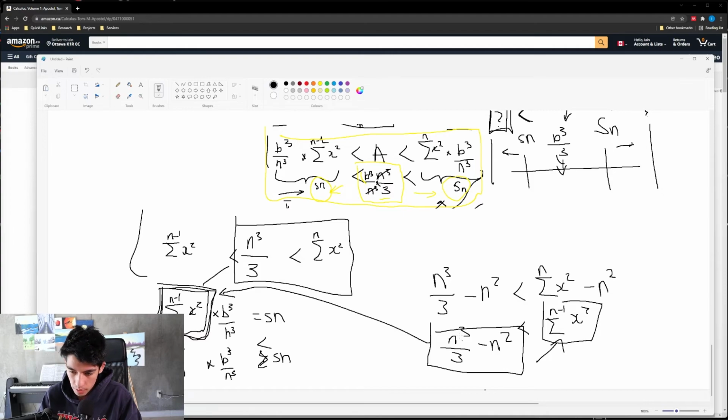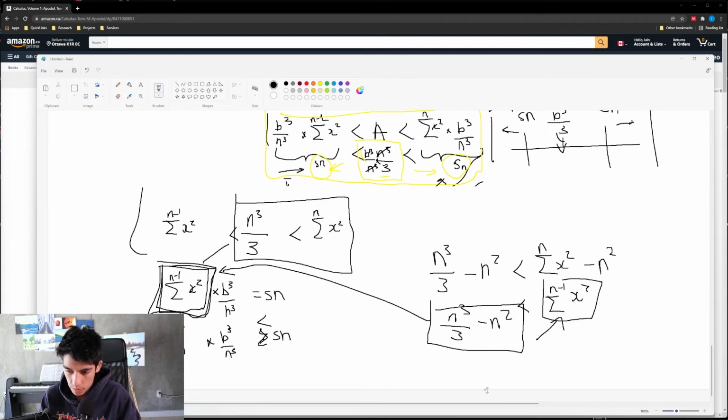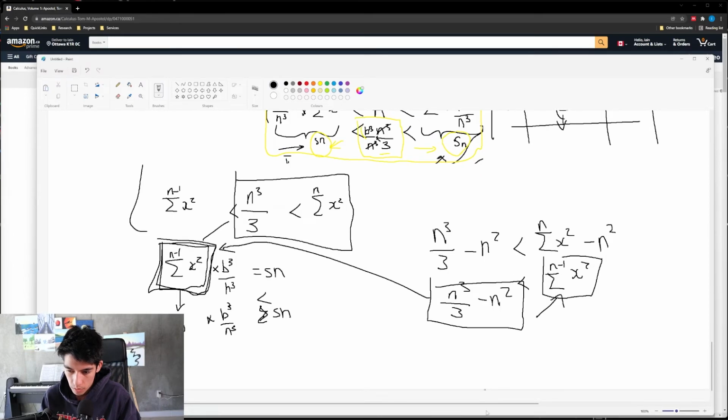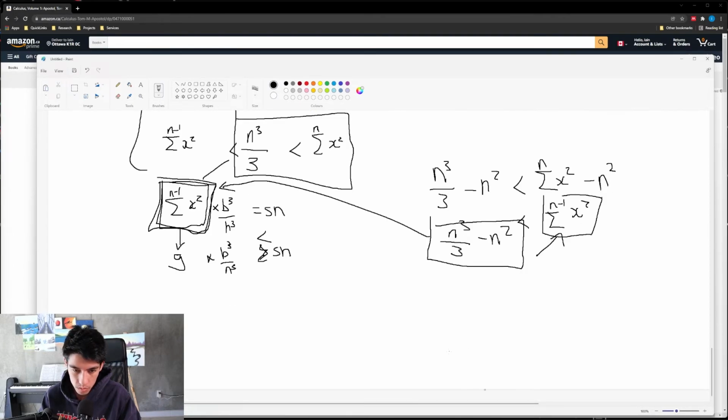So let's do that. We'll do n cubed over 3 minus n squared, and then this whole value multiplied by b cubed over n cubed is smaller than Sn.